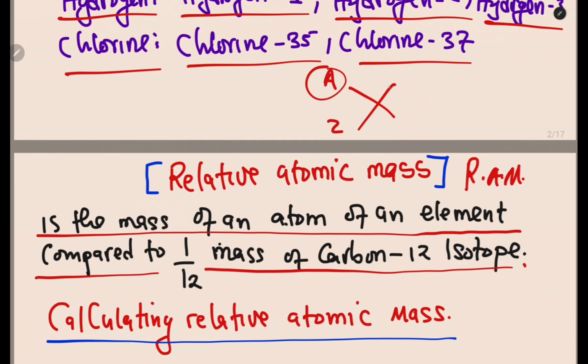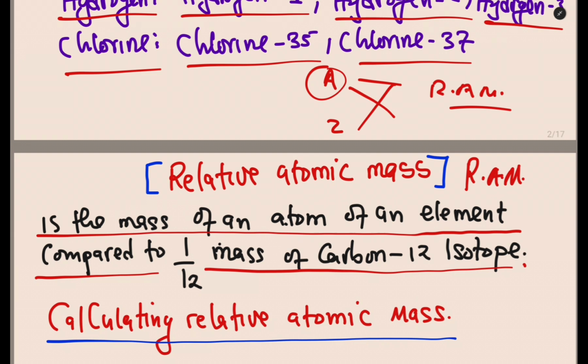This number on top is what we call relative atomic mass. And this is the atomic number down. So all those are compared to 1/12 mass of carbon 12, because it is the most abundant of the carbons.